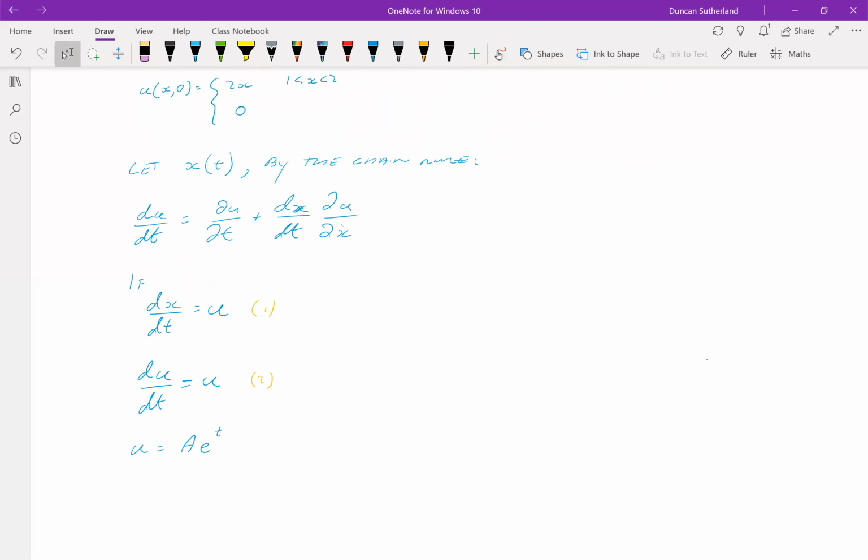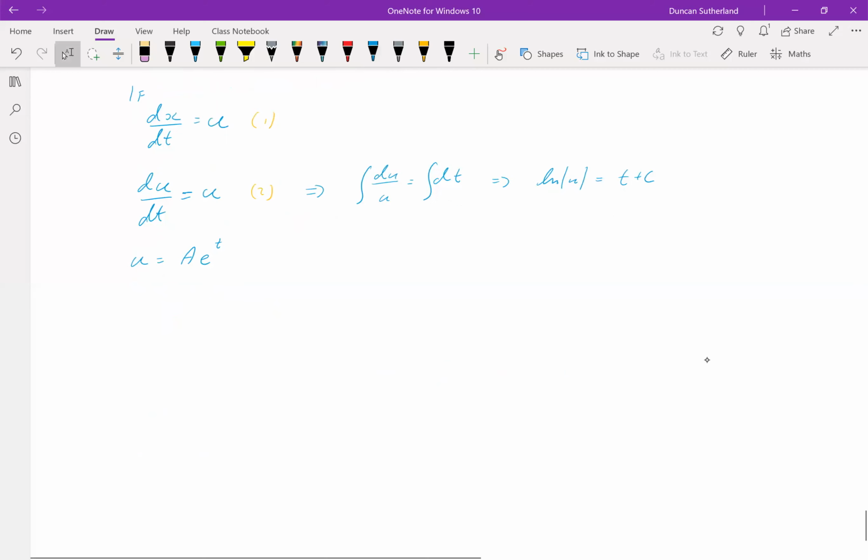I'll just sketch in the solution here, in case anyone's worried. All right, so you exponentiate, you sort everything out. The plus c becomes an a when you exponentiate.